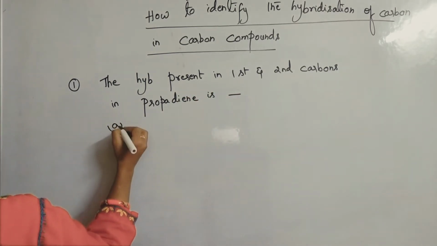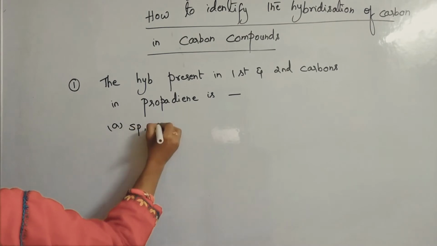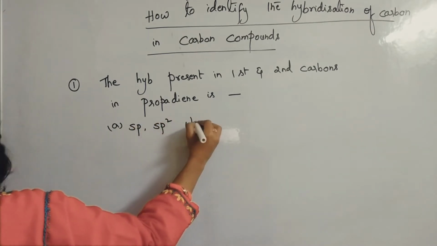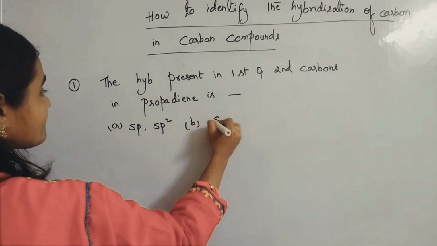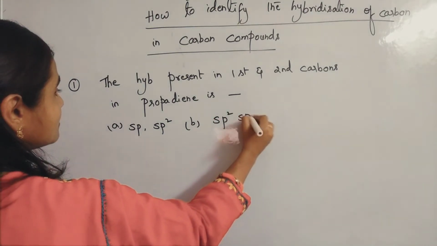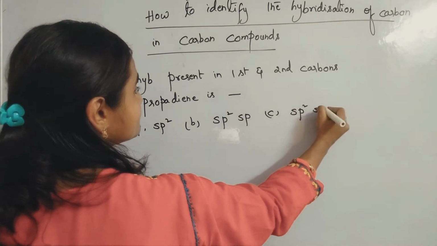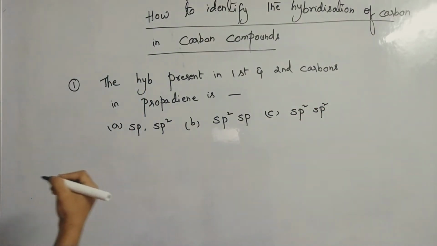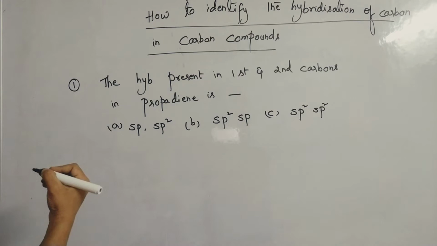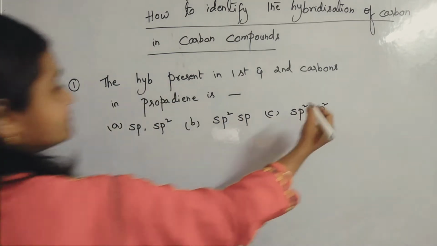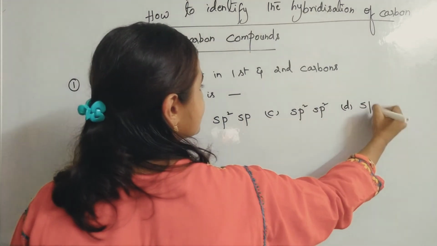Here the options you can write: option A is sp, sp2; option B is sp2, sp; option C is sp2, sp2; and option D is sp, sp. So what is the correct answer?